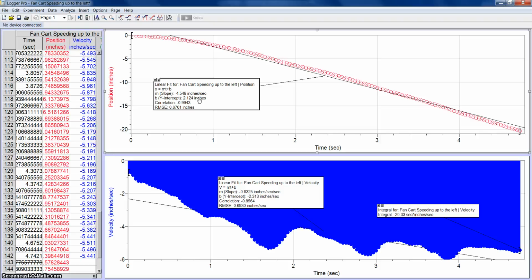Our y-intercept, or our position at time equals 0, is 2.124 inches, meaning that at time equals 0, we are 2.124 inches ahead of our starting point, or origin.